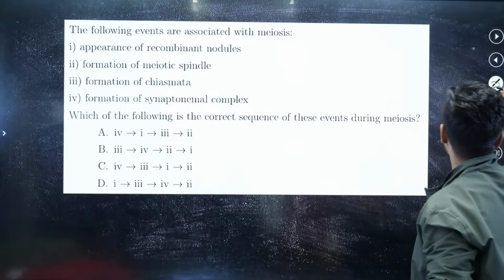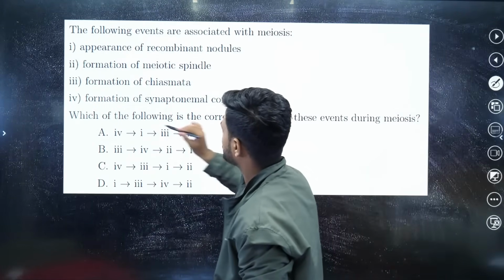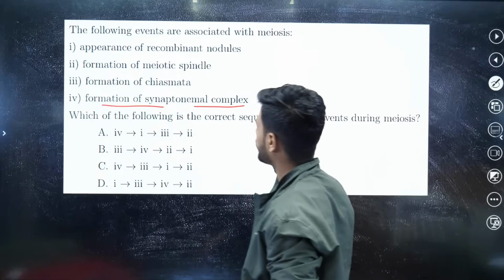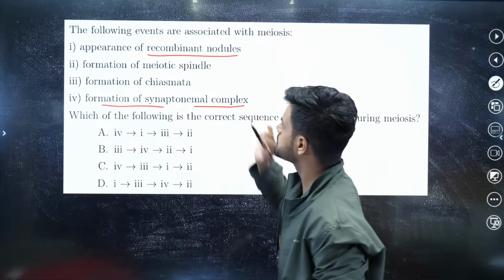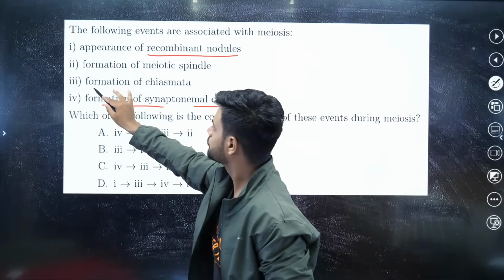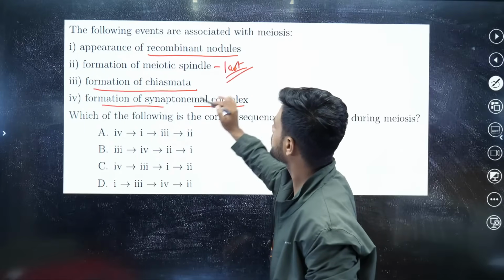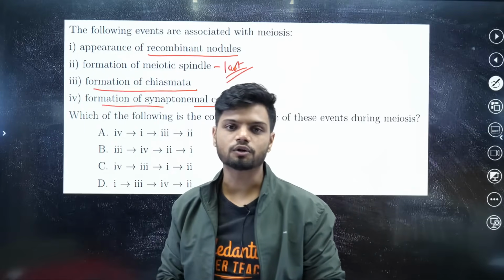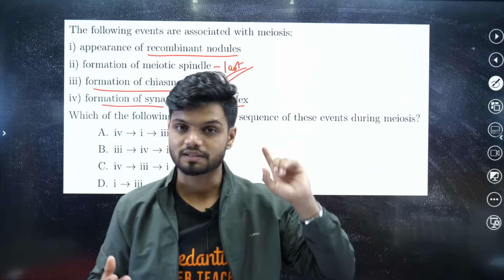Now you tell me what is happening first. First one was formation of the synaptonemal complex. After that, formation of recombination nodules. The third one was formation of chiasmata, and the last one is formation of mitotic spindles, which will happen directly in metaphase.